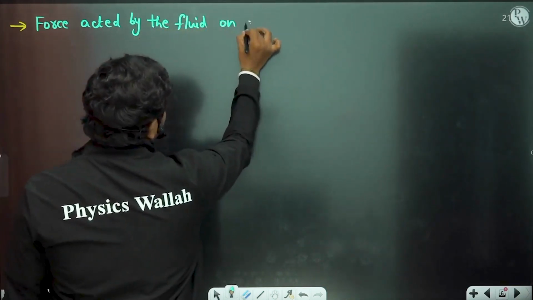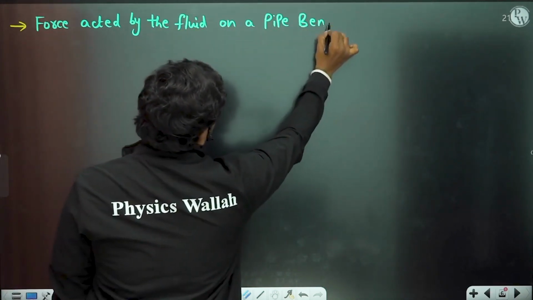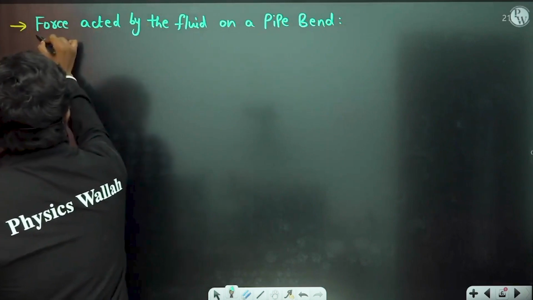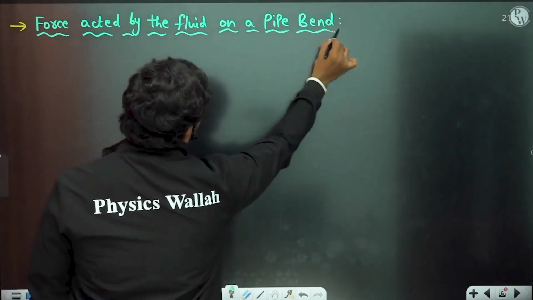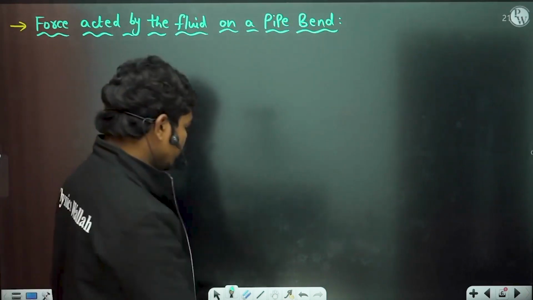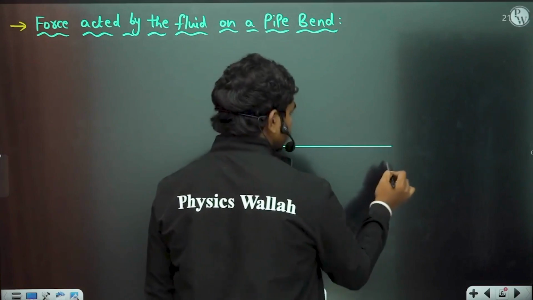So let us suppose this is some normal thing that you find in normal books, and sometimes in exams they can ask you this. Force acted by the fluid on a pipe bend actually. Okay, so let us see here how this is a pipe bend. So let us suppose there is some pipe bend.